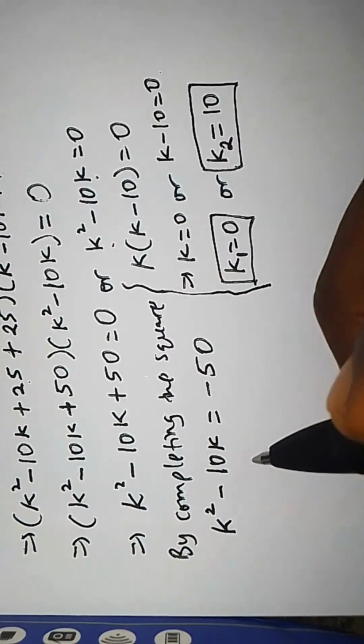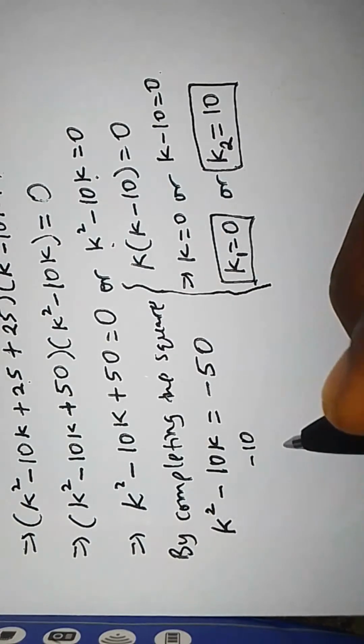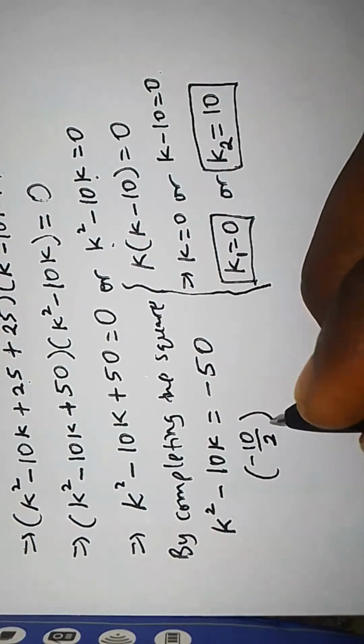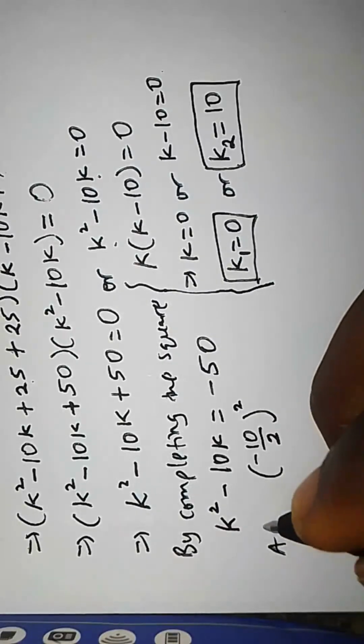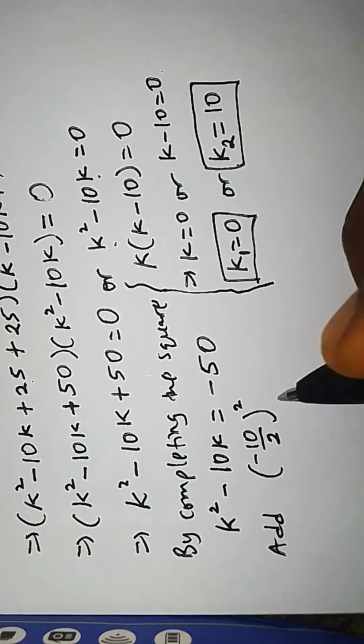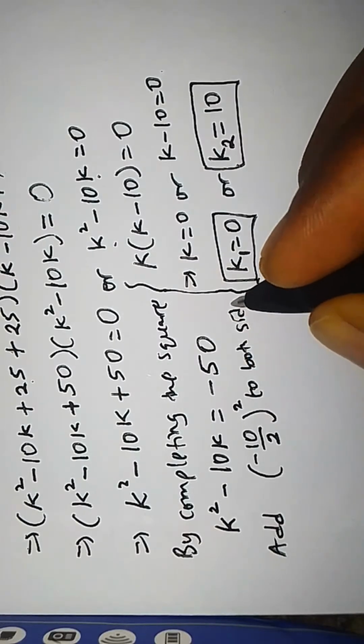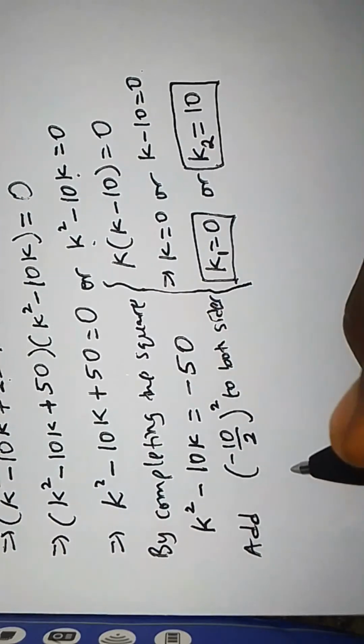The coefficient of k here is minus 10. Half of it will be what? Minus 10 divided by 2, and we square it. So add (minus 10 divided by 2) squared to both sides. That's what we are going to do now.